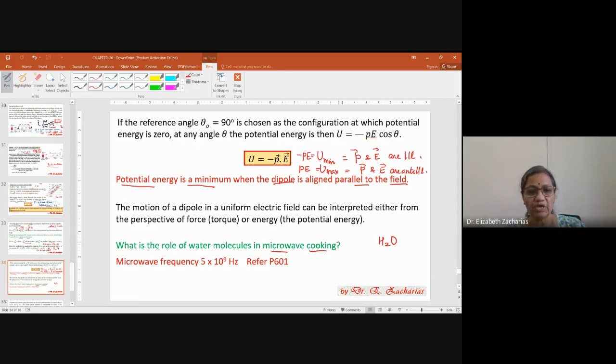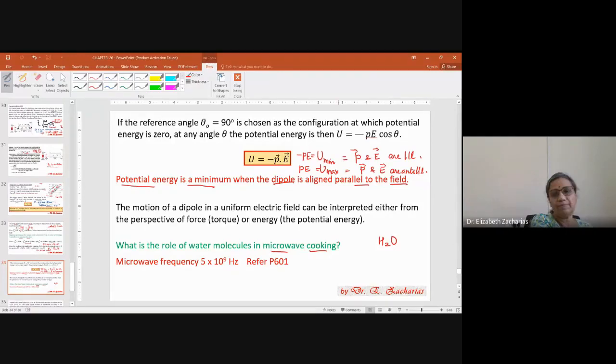Maybe I'll just go to that page of that book, page number 601. I'll just read it out. A water molecule has an electric dipole moment. In microwave cooking, the electric field of the microwave rotates the dipole moment of water.